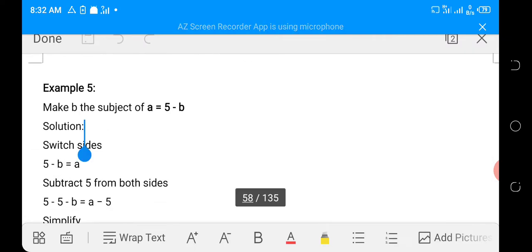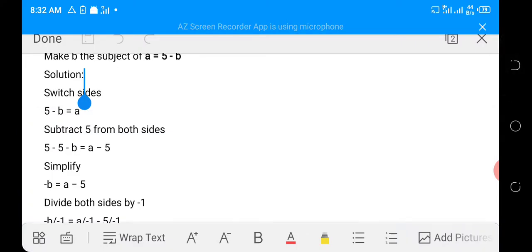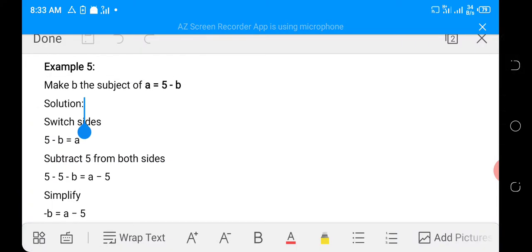Example 5. Make b the subject of a is equal to 5 minus b. Solution.